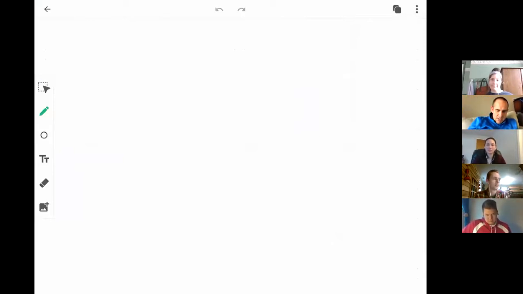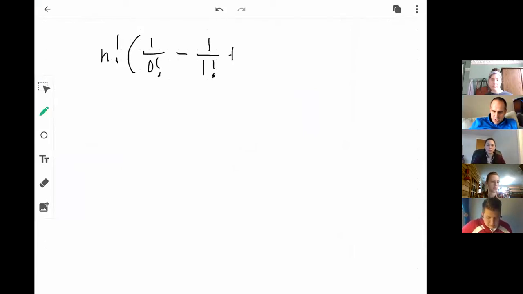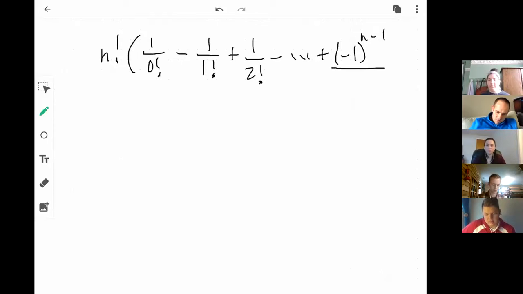So I had, what was it? It was n factorial times 1 over 0 factorial minus 1 over 1 factorial plus 1 over 2 factorial minus dot, dot, dot, and the last term was negative 1 to the n minus 1 over n minus 1 factorial.